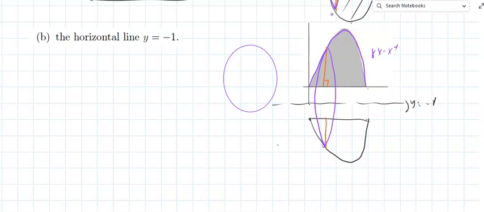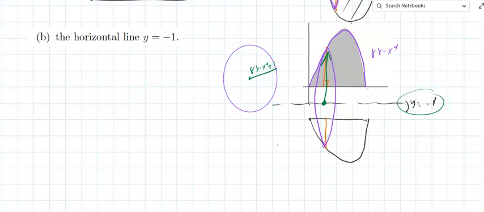Remember, I'm rotating this about the line y equal -1. This point is this point, and this distance is top minus bottom. It is 8x minus x to the fourth minus a -1. That's that radius.